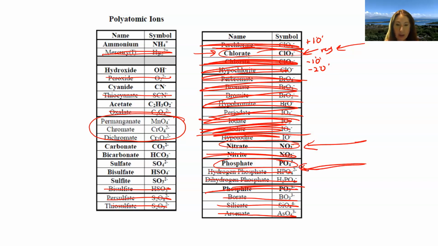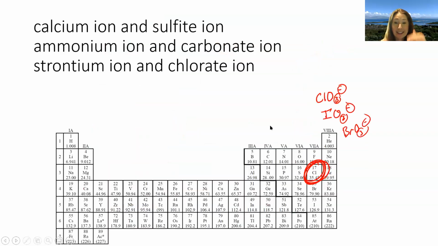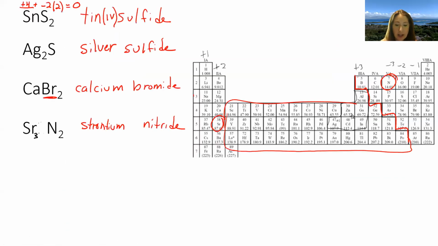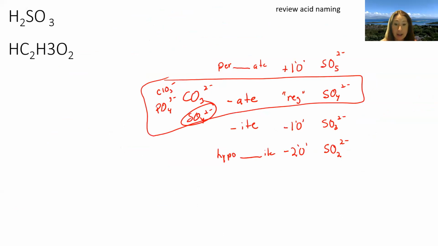All the rest use the sliding scale, which you have to learn anyway for acid naming. So it makes our life a lot easier. It cuts down the number of polyatomic ions you need to remember to less than half. You just have to know how to use this scale.